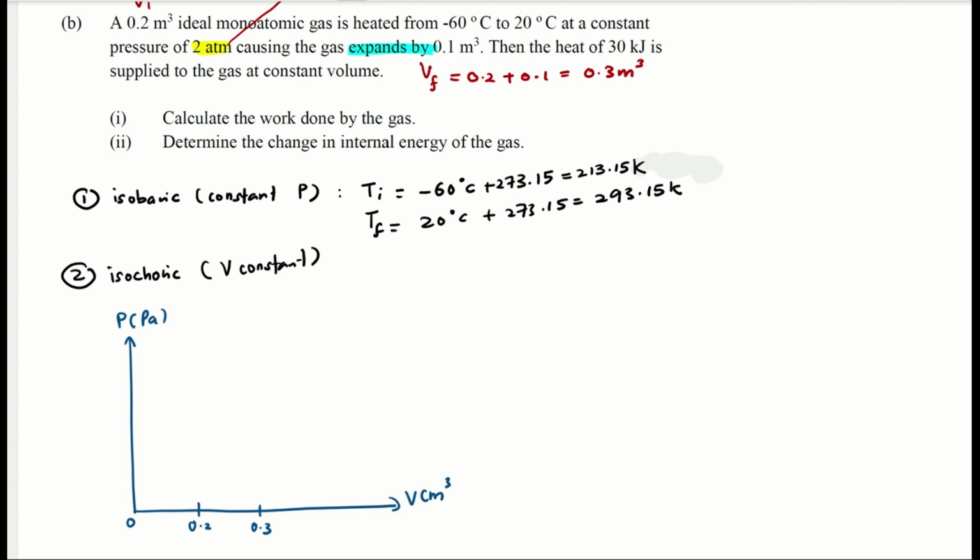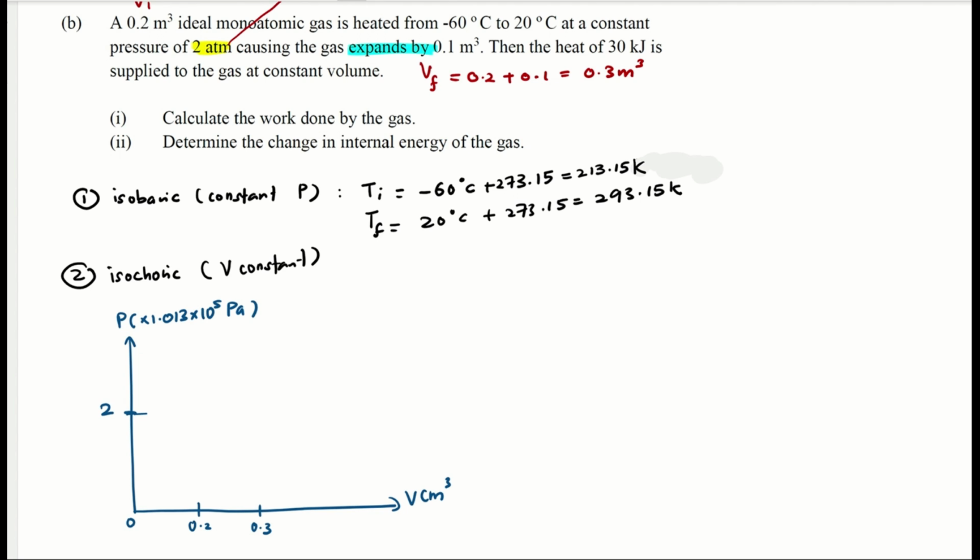And then how about the pressure? So the constant pressure, right? So here should be 2. Ini boleh lah. This one should be times 1.013 times 10 power of 5 Pascal. Okay. So kat sini boleh letak 2.